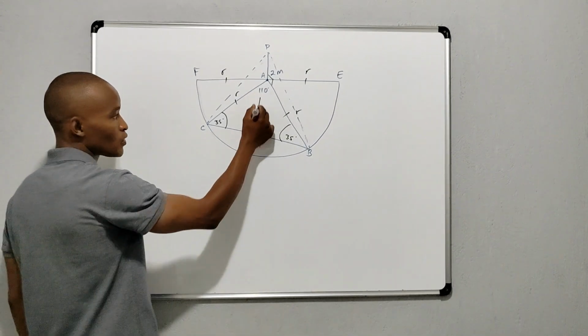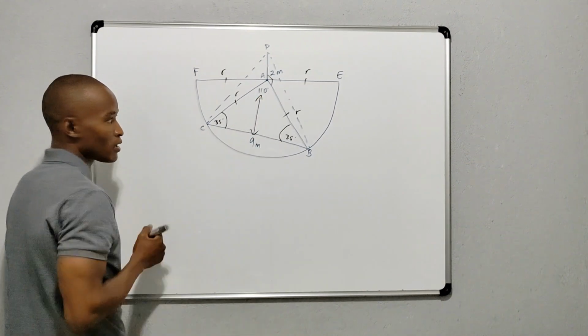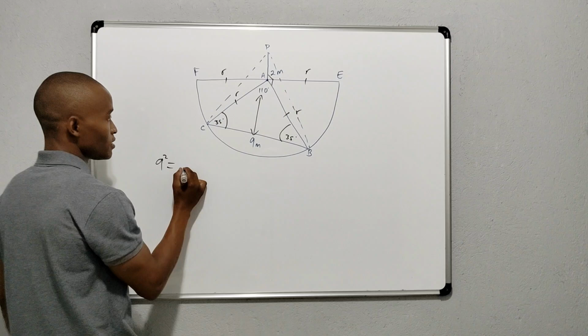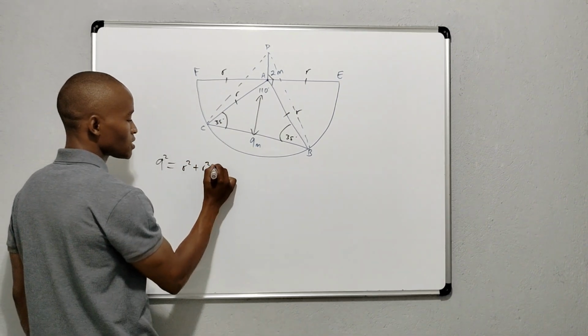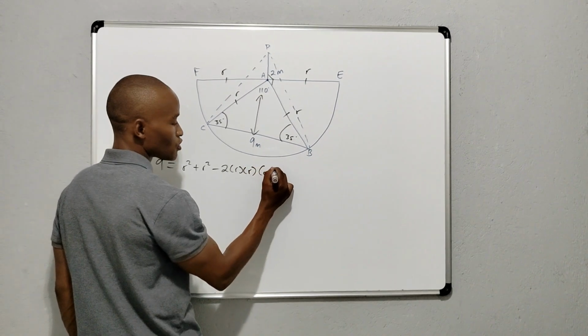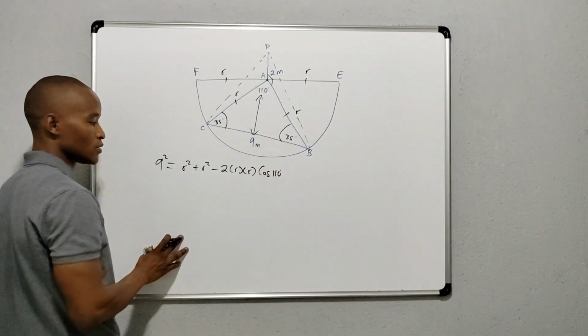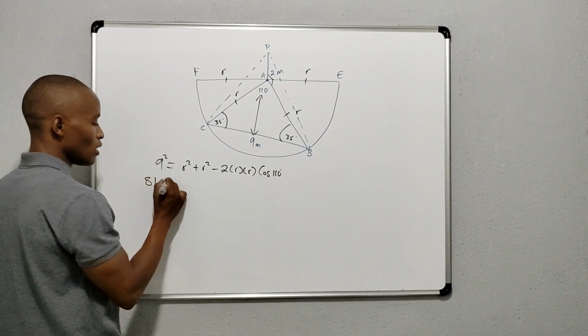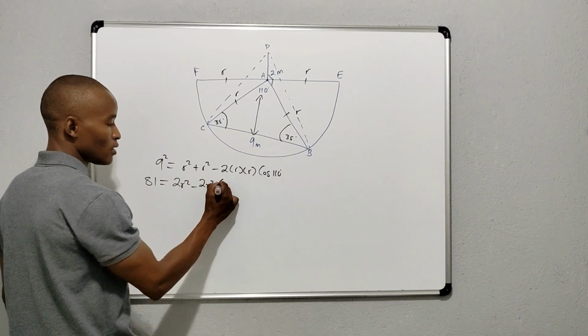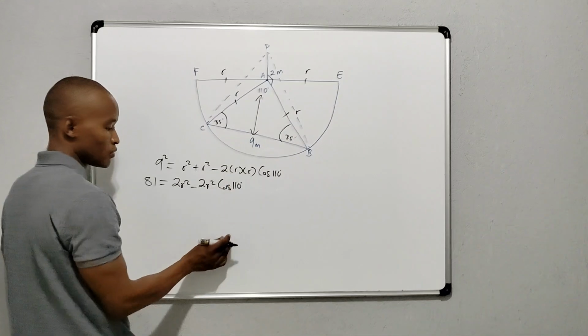Definitely the cos rule. We have a side with a corresponding angle, so 9 squared is equal to r squared plus r squared minus 2 times r times r cos of 110 degrees. So this is 81 equal to 2r squared minus 2r squared cos of 110 degrees.